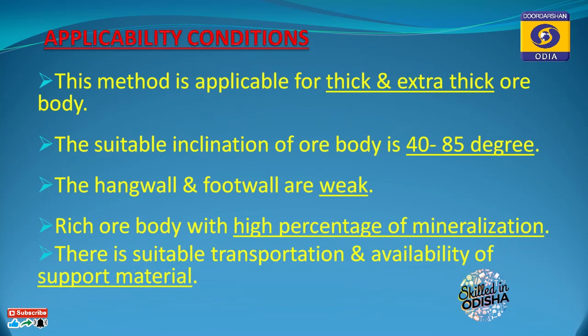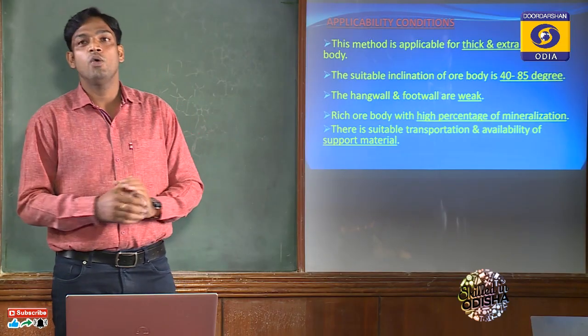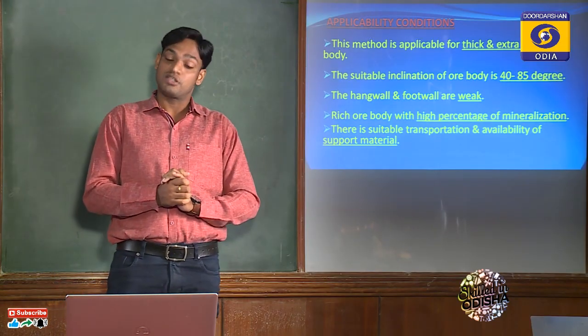So we have to extract the ore body which has higher value, which has a higher marketable price, so that we can recover the amount we have spent on these square sets. There must be suitable transportation and availability of support material, and here we are using the square sets as supporting materials.